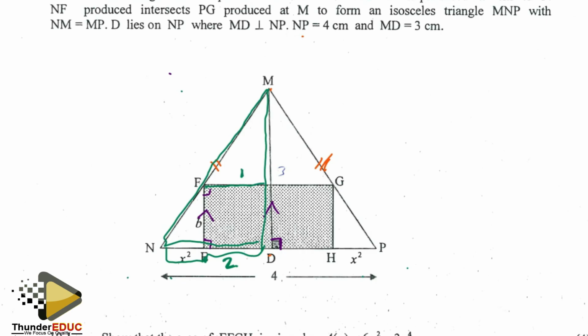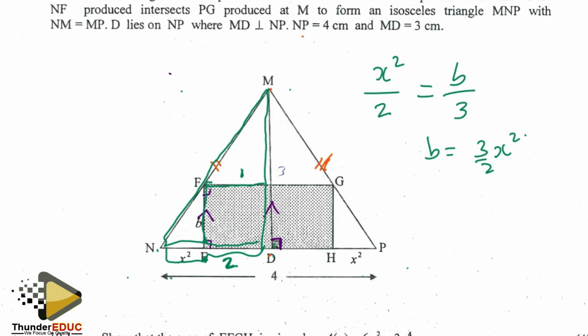Then I'm going to say that x squared, divided by the total here, which is a 2, is equal to this line b over the total, which is 3, because they told us that total distance is 3. Then I need to make b the subject, which is going to be 3 over 2 x squared.